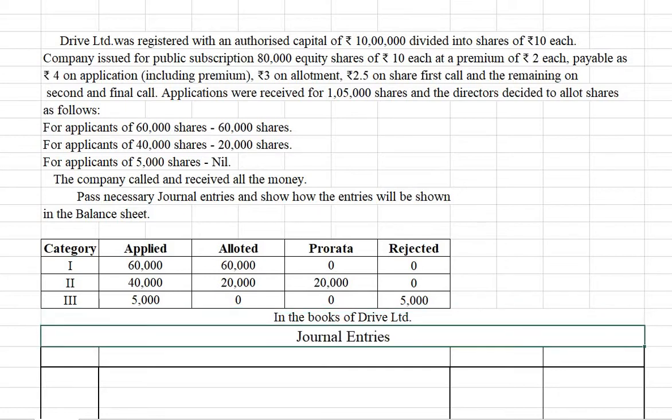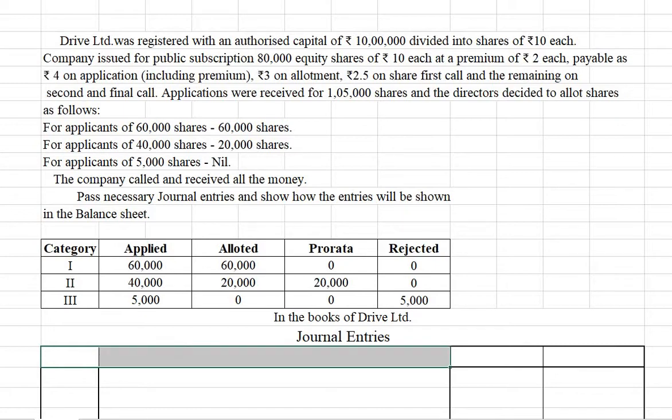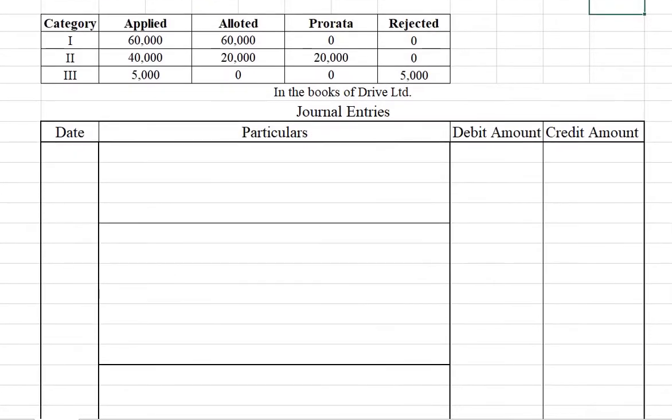Journal is ready here. Date, particulars, debit amount, credit amount. See, first journal entry, we know that date is not given, so we need not write any date here.